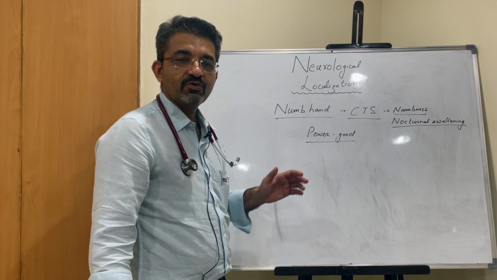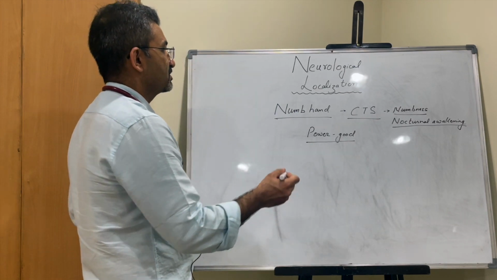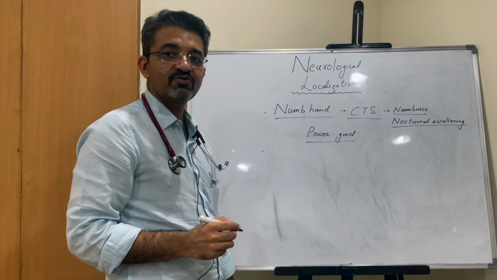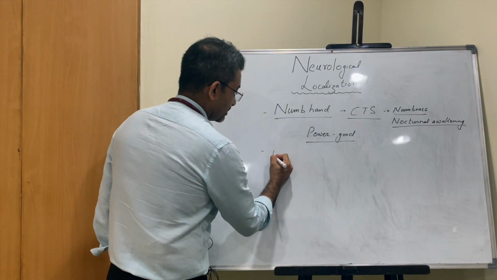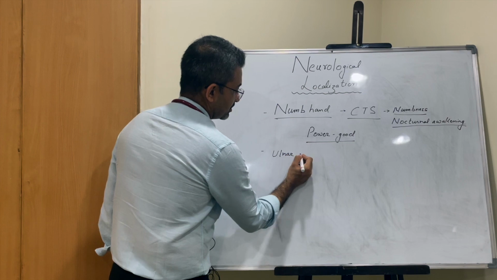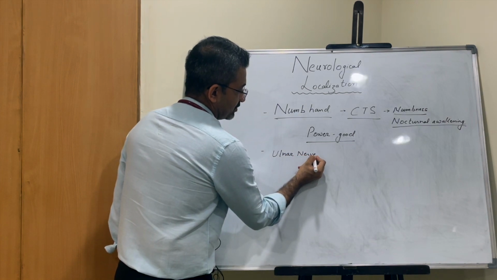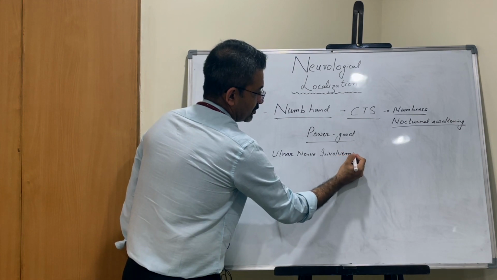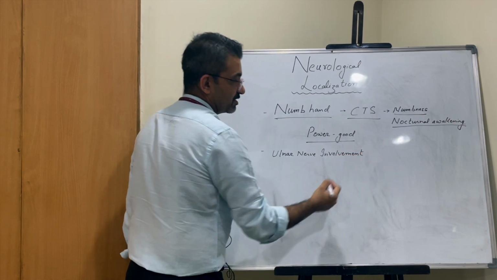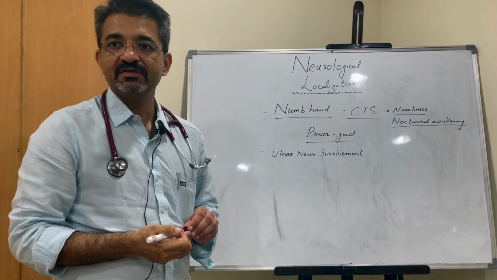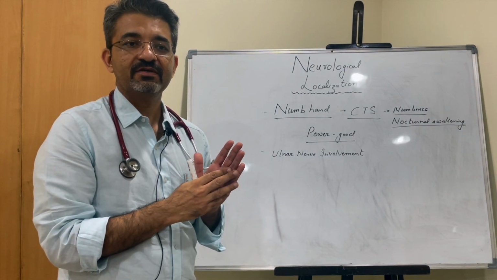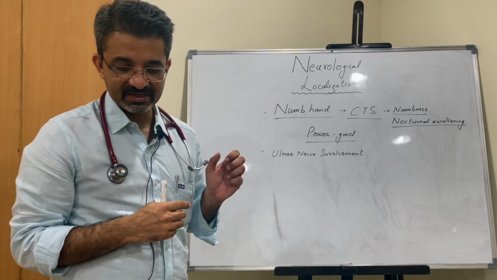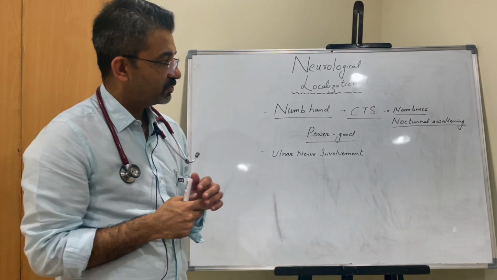One important differential diagnosis for anyone having carpal tunnel syndrome is ulnar nerve involvement. Ulnar nerve involvement again can cause numbness of the ring finger and little finger along with weakness, right?